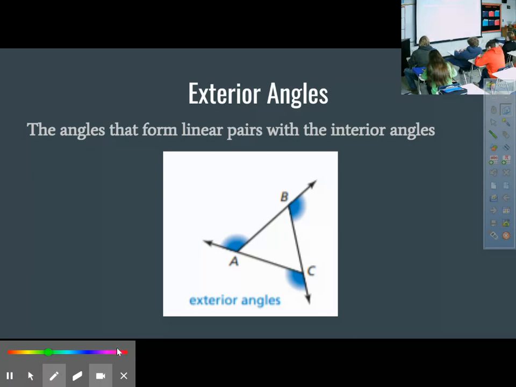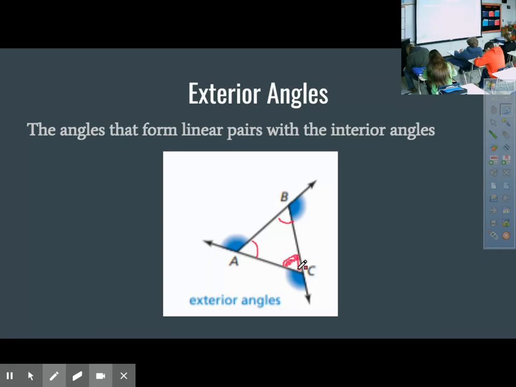So if you did your interior as red, it would look like this. So the red angles are my interior angles, and the blue angles are my exterior. So if you were to extend one of the sides, it would be the angle that forms a linear pair with the inside angle.